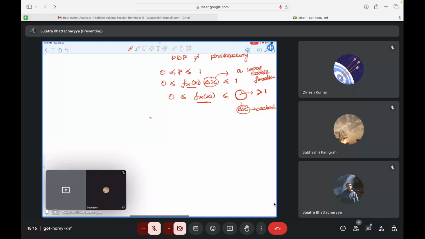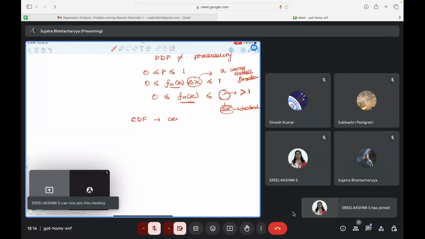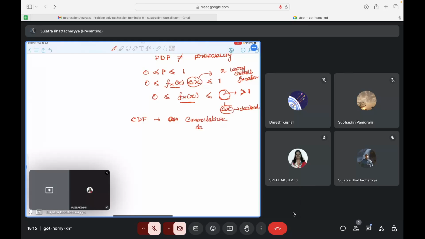Next is the cumulative distribution function, CDF. There is a very simple definition of it. This is written as capital F_X(x), where X is the random variable which assigns some value small x.